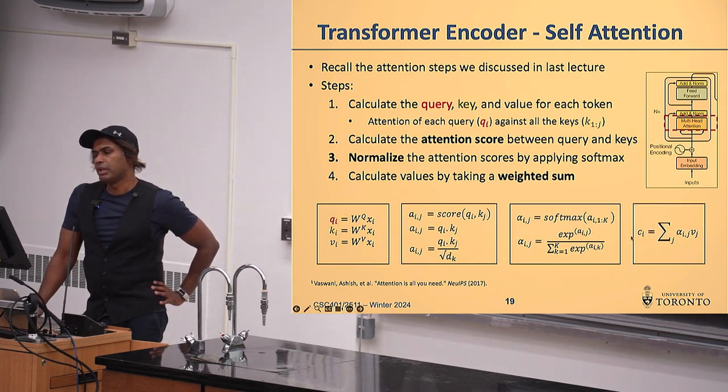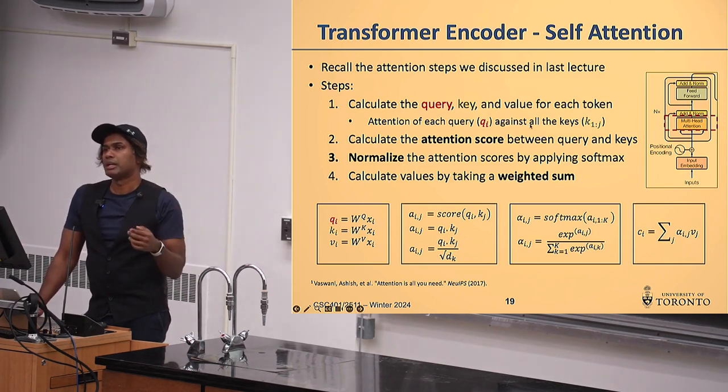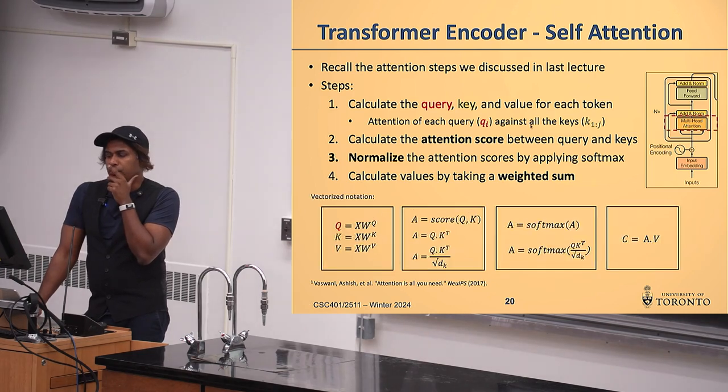And fourth step, we take the weighted sum. Exactly the same steps. I think the only thing that's different is in step 1, where you're just calculating the QKV values. But other than that, it's the same thing. If we represent this in a vectorized notation, same thing, it looks something like this, okay? Same 4 steps.